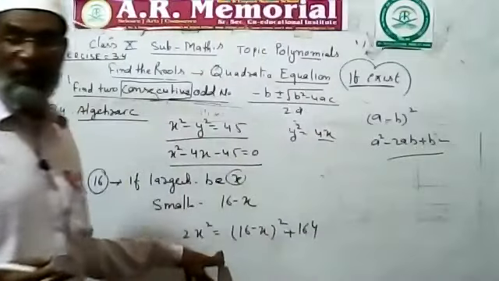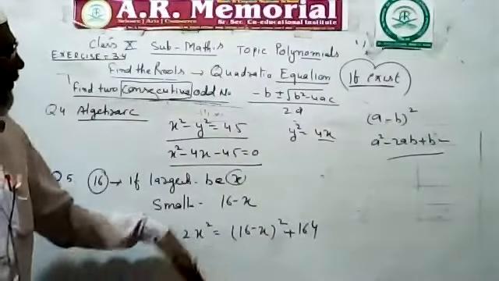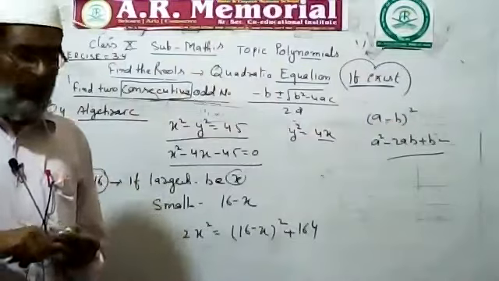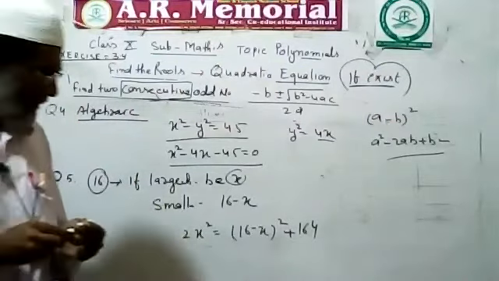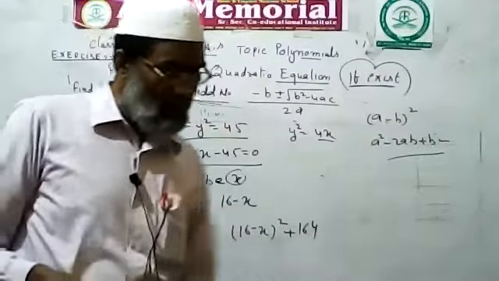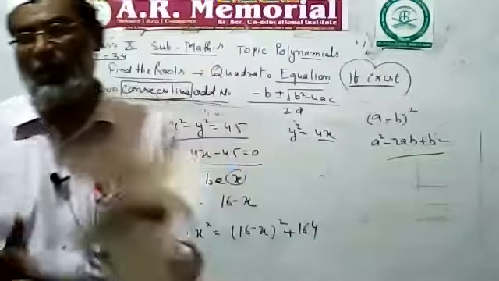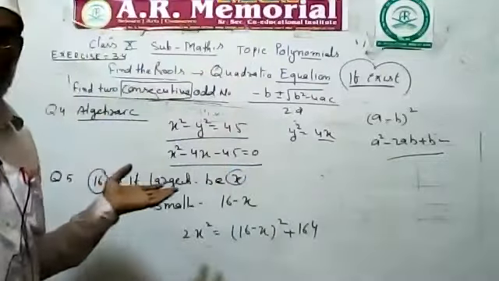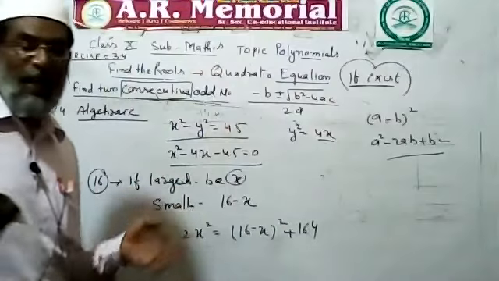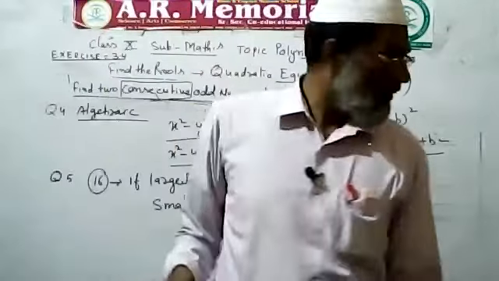Open like this, set this and put it here. This exercise is completed. Students, if you are watching this video continuously, try to do it yourself, and the questions are already done by me.